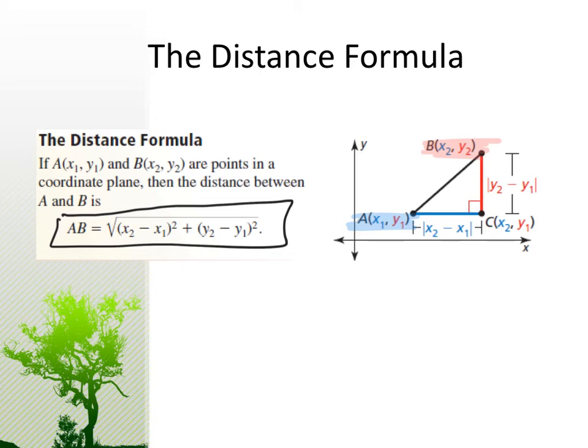If your segment is vertical or horizontal, you don't need to use the distance formula. You could just subtract like we did last week, because one of the numbers in your ordered pairs is going to be repeated. Let's try an example of this. We'll do example 2, and I'm also going to do a few additional examples of simplifying radicals.